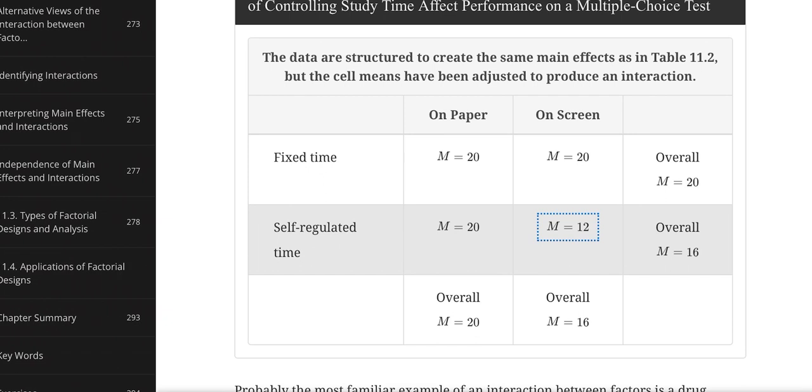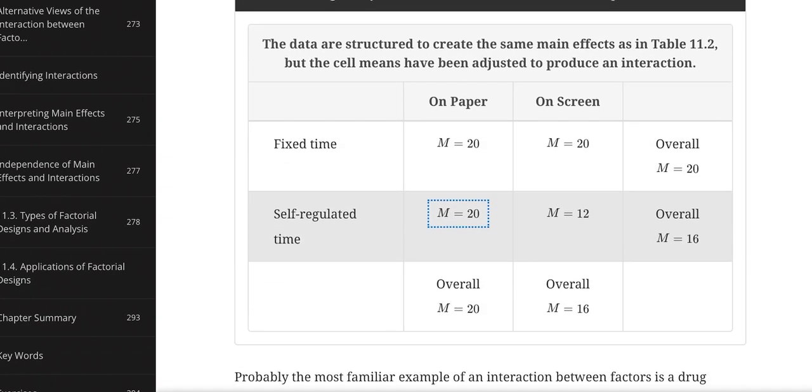Well, hold on. If they're different, that indicates there's an interaction. And then again, if we wanted to compare the rows, 20 minus 20 is 0, and 20 minus 12 is 8. Well, 0 and 8 don't match, right? And because those are different, you know that there is some sort of interaction happening.